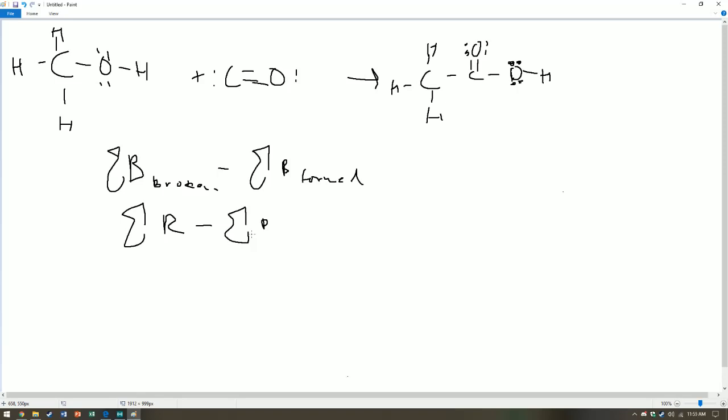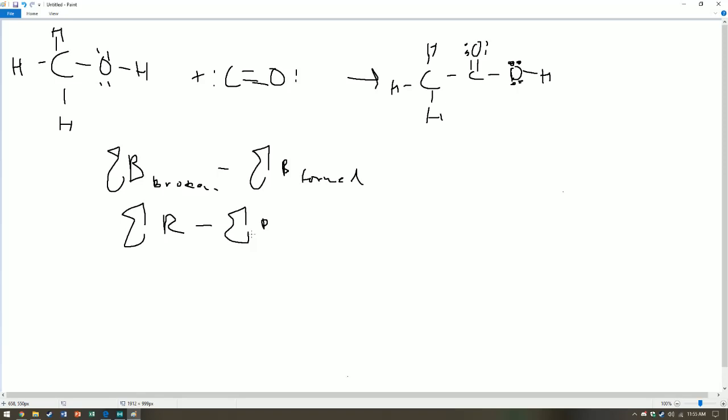If you did formed minus broken, you'd still get the same answer with the opposite sign, but since sign matters, it's more or less going back to Hess's law. It's similar to formation enthalpies in the sense that you're essentially breaking every single bond and then reforming them, and that's sort of where the formula comes from.